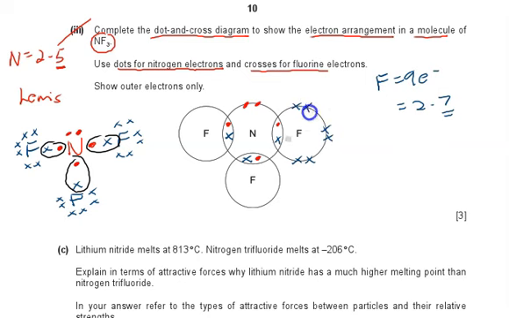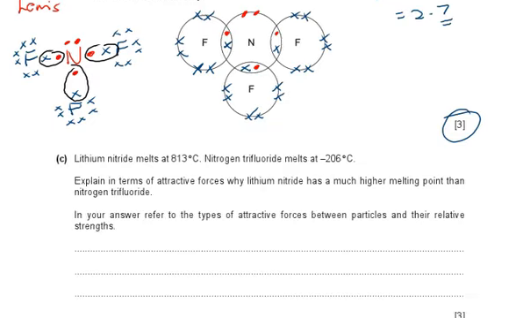We need to draw the others at the side. So we have another 2 more. So this is how to draw. This is about 3 marks. Now let us go to the next question.